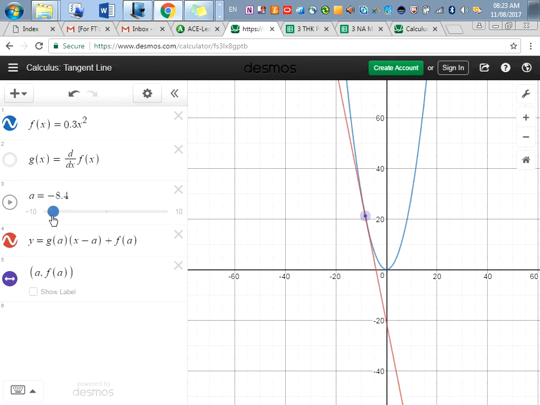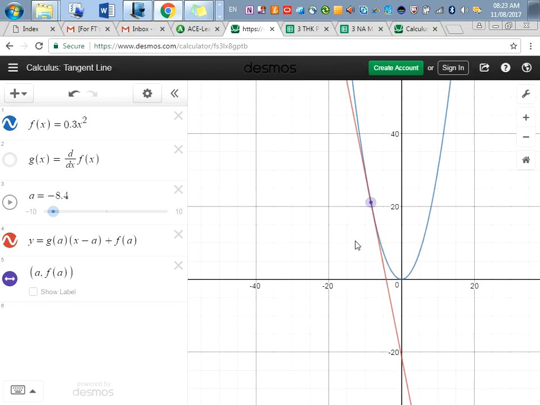If I were to use a ruler and place it on the graph, I only want it to touch one point of the graph. As I move my ruler, the tangent line changes. Basically, what I want is to draw a straight line that touches the curve only at one point.